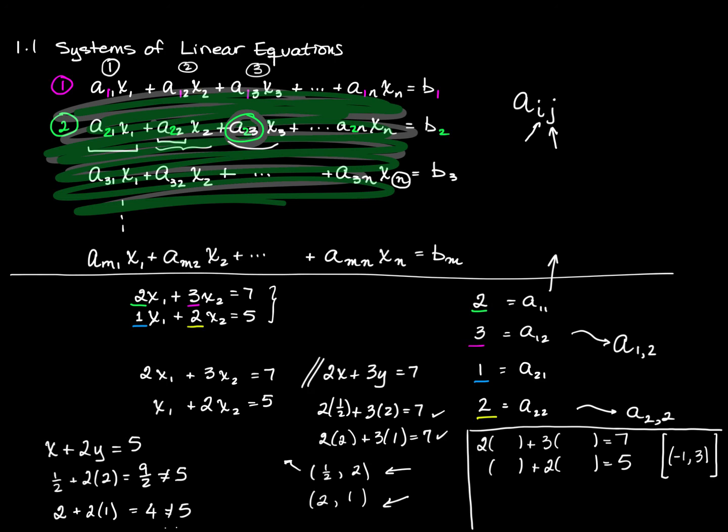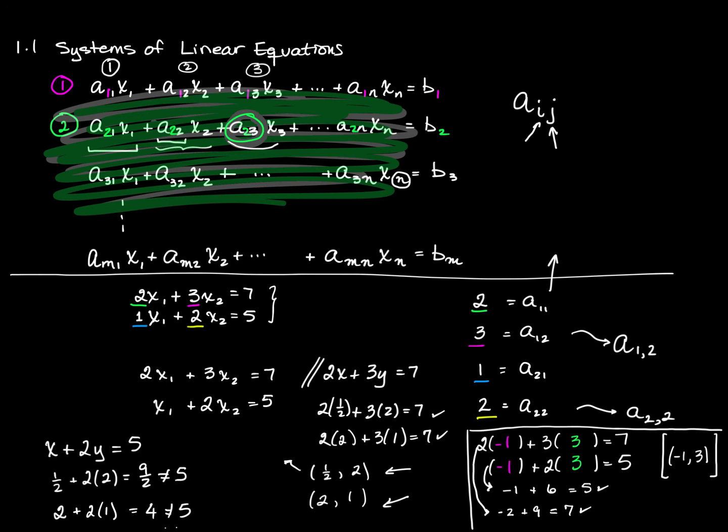So let's put a -1 in for x in both equations and a 3 in for y in both equations, and then we'll do the arithmetic. I'll do this first equation down here. 2 times -1 is -2, plus 3 times 3 is 9, and that does in fact equal 7. And for the other equation, -1 plus 2 times 3 is 6, and that does in fact equal 5.